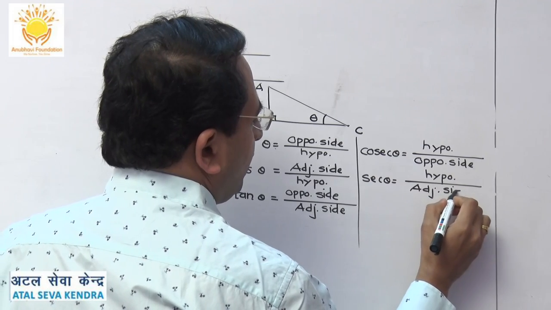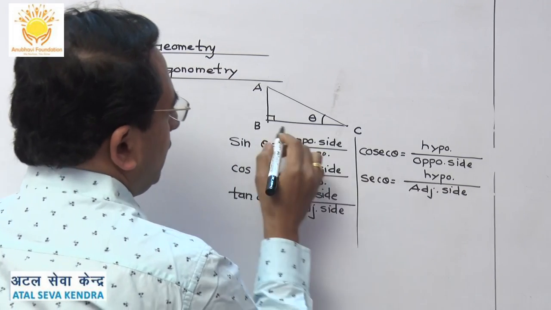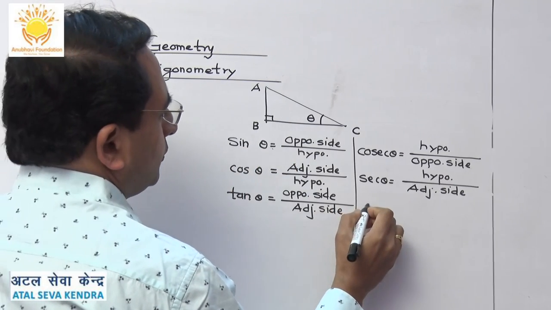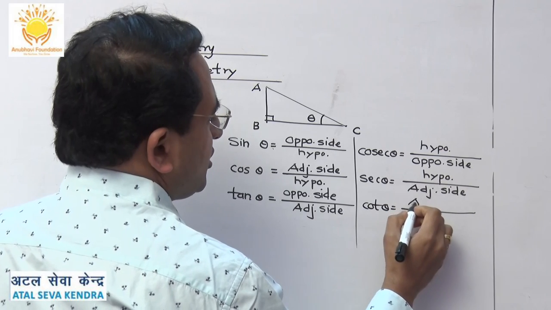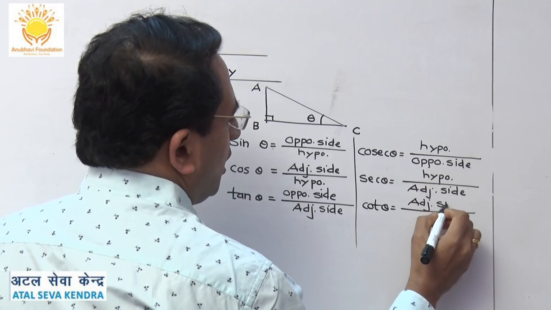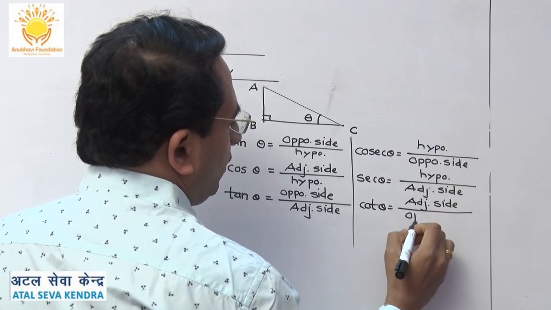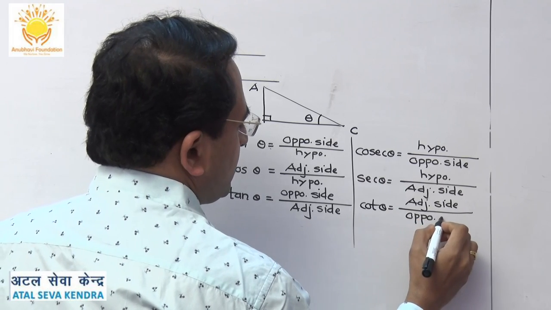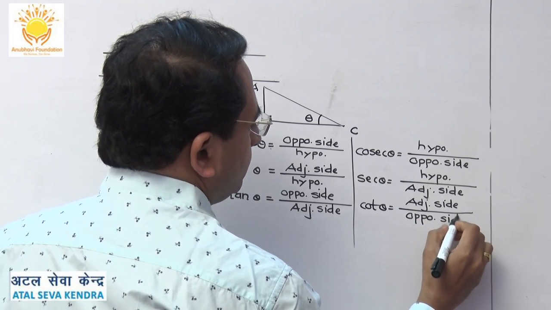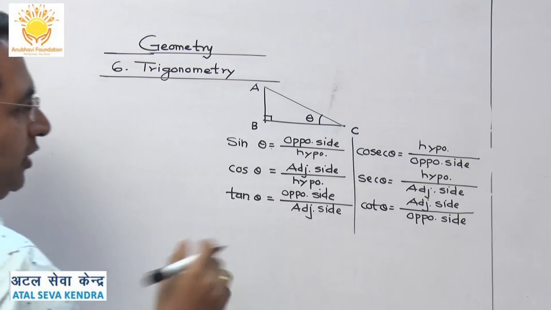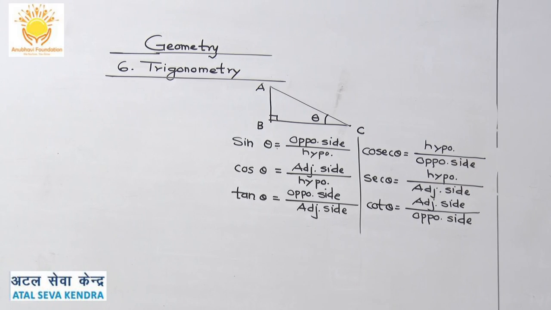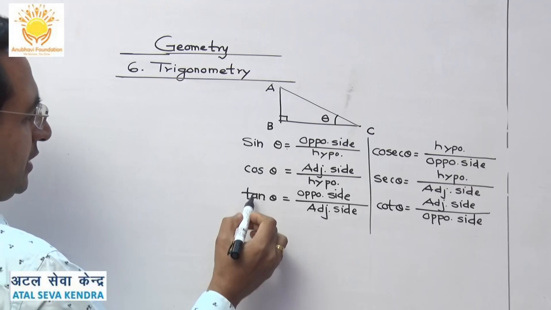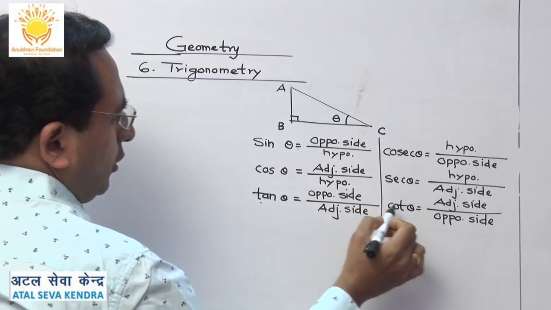Now we have everything related with the right angle triangle notation. Cot of theta is going to be adjacent side upon opposite side. I hope you are knowing this formula. Trigonometry, you are having 6 formulae now. Basic: sine, cos, tan, cosec, sec and cot.